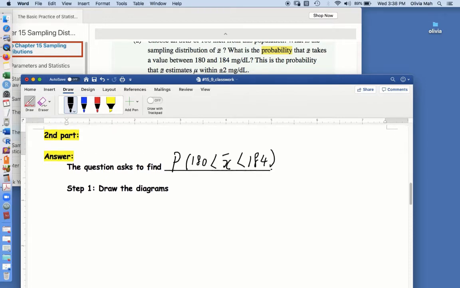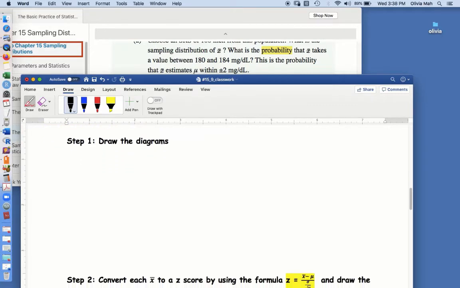The next thing is to draw the diagram to make sure that we are clear what we're supposed to do. Now the method to find that probability is very similar to one of those concepts that we have in chapter 3. First of all, we draw the histogram of sample mean. The middle part is 182. Basically, we are asked to find how big this area is.